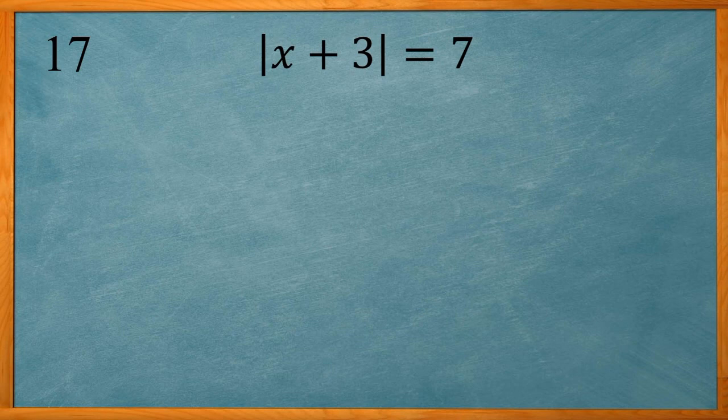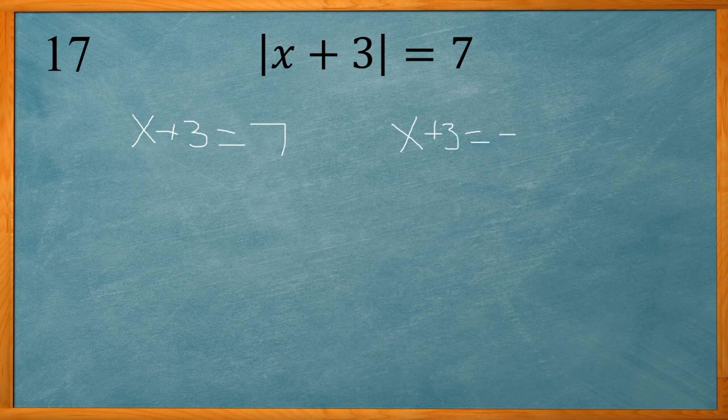All right, so one step farther than that, we have more than one term inside the absolute value. We have the absolute value of x plus 3 equals 7. If we know the rules from before, what's inside the absolute value could equal 7 or -7. Both of those would work out. So x plus 3 equals 7, and x plus 3 equals -7.